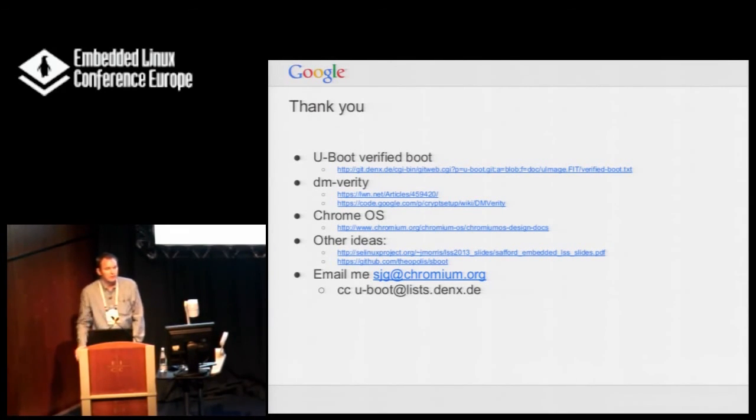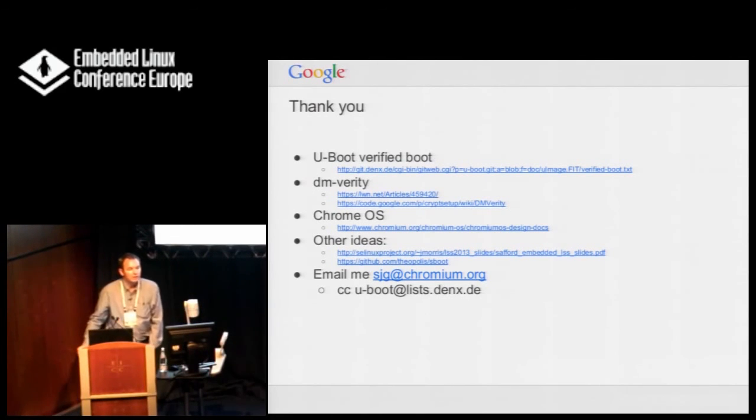You had a question? Why aren't you going for trusted boot? Yeah. So thinking about the objectives of Chrome OS, there is the idea of remote attestation, where you're saying, I promise that I'm running this code, and we have a little bit of that to do with Netflix and so on.